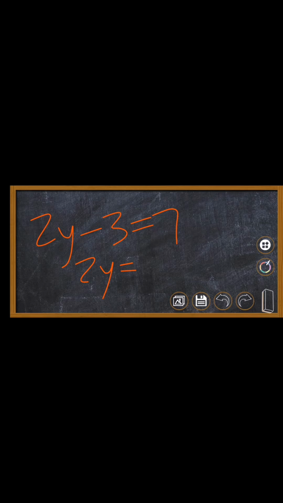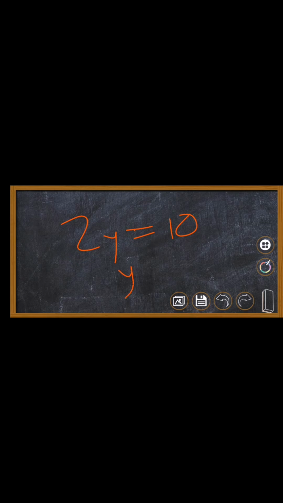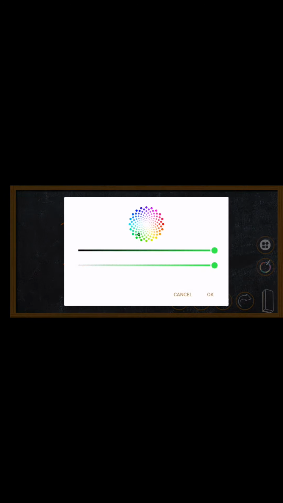And on the other side, it's 7. So we're going to take this 3 and put it that side. When it goes that side, it becomes a positive 3. And so it's going to be 7 plus 3, which is 10. So we're going to have 2y is equal to 10. And for y, we divide both sides by 2, right? So we take our color and we cancel.